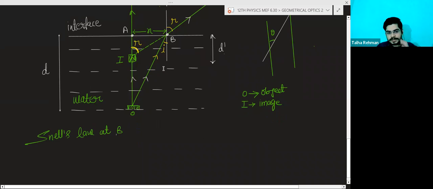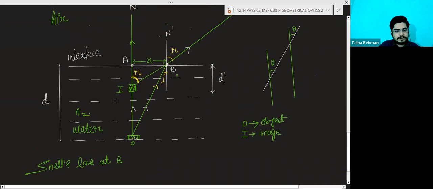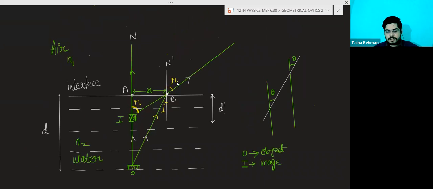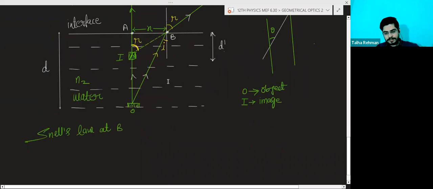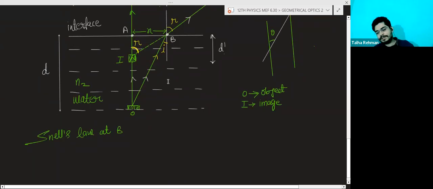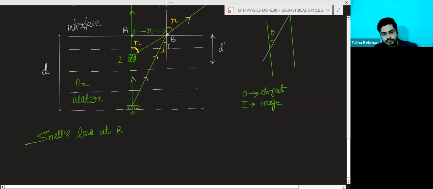What is Snell's law? The refractive index of water is N2 and the refractive index of air we have assumed N1. So when you apply Snell's law, refractive index of medium 1 multiplied by sine of angle with normal. First, choose a medium. We have chosen this medium. In this medium, what is the refractive index? N2.